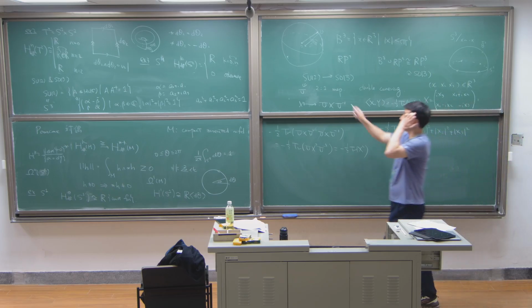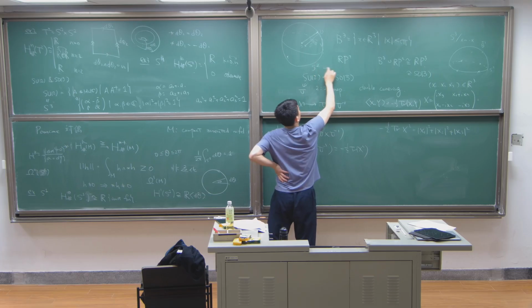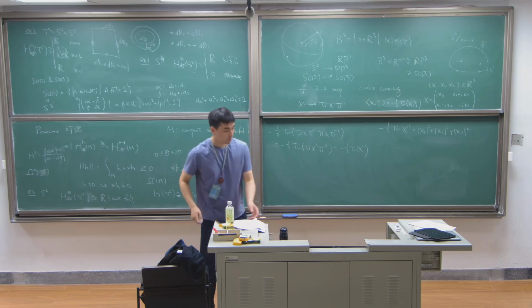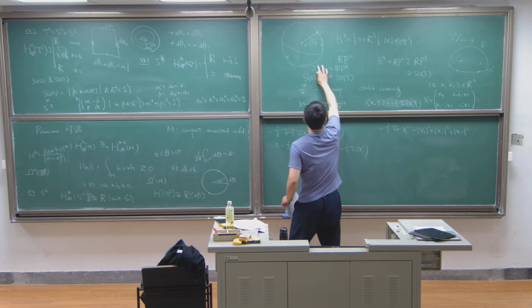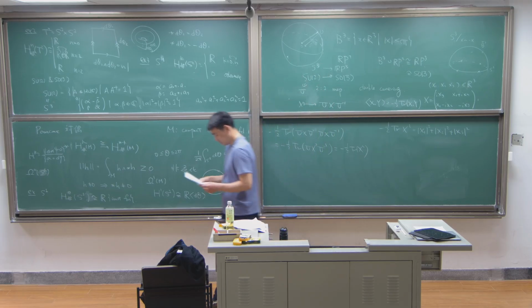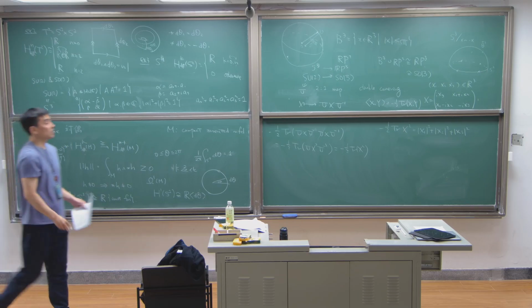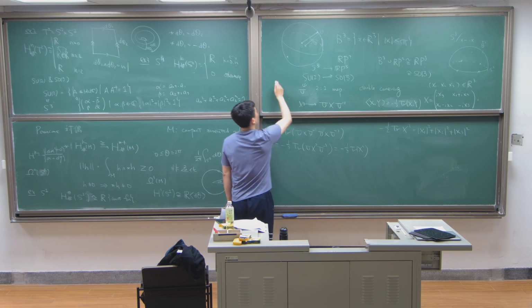And in fact, this is a 2-to-1 map, from S3 to RP3. Now, the kernel is very easy to see. The kernel of this map is the identity element and minus identity, so plus or minus 1.